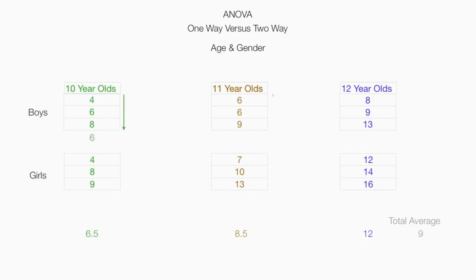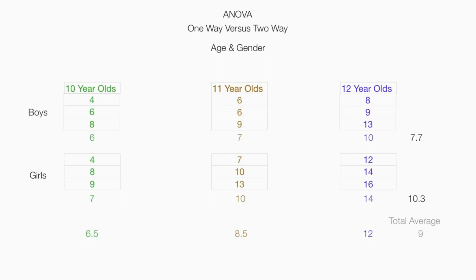I take the average scores for each age group for the boys. Then I take the total average for all boys, which is 7.7. Now I do the same exact thing for the girls: the average for each age group, and then the total average for all the girls, which is 10.3.